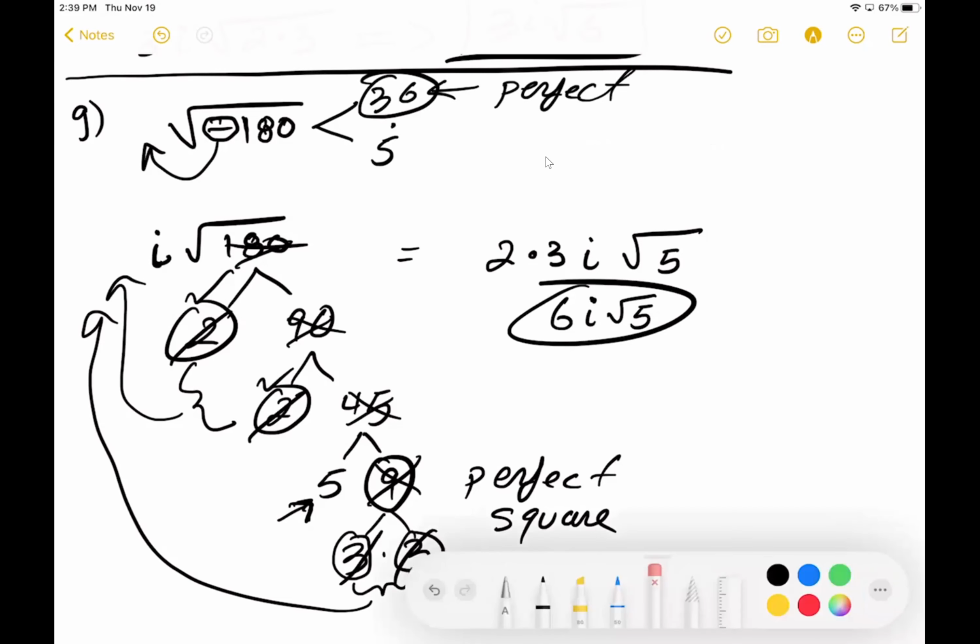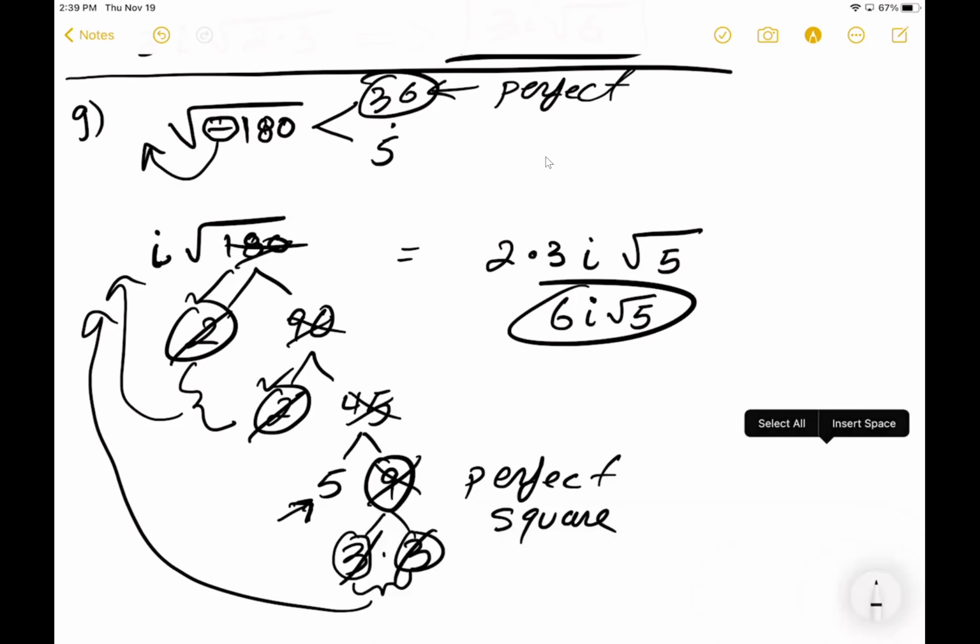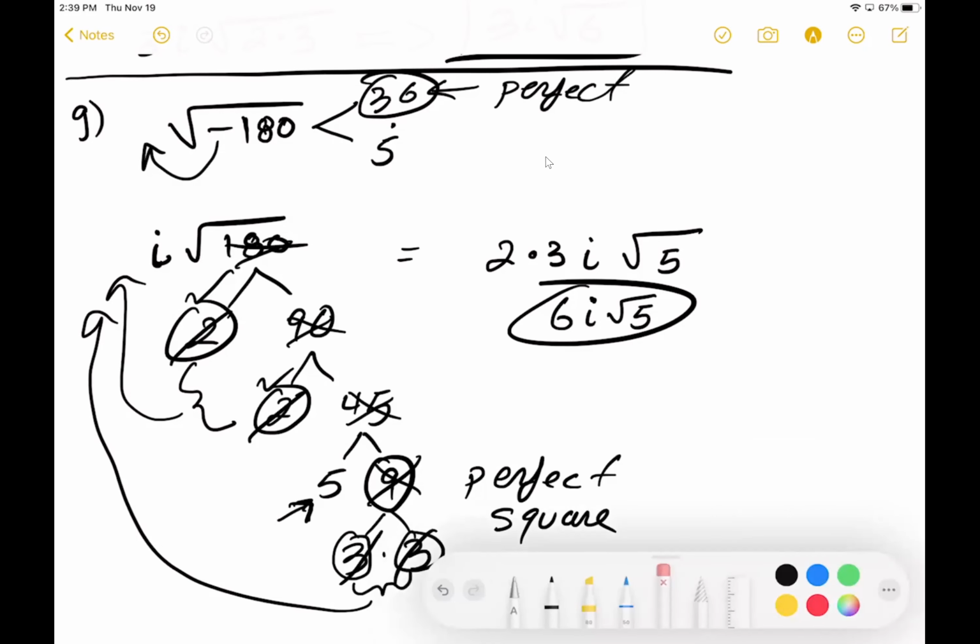So that's the idea of this item. The only new thing is that because of this negative, we have to put an i in front.